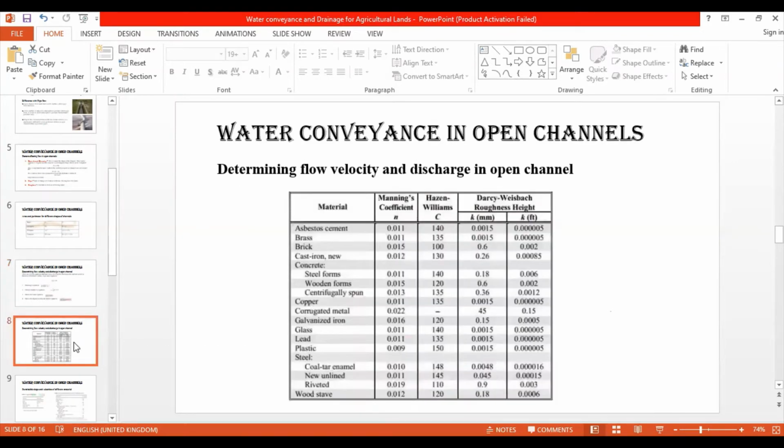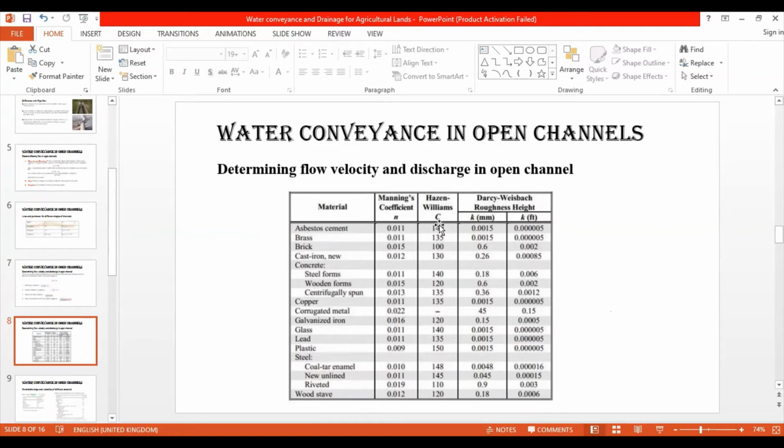This table just shows the different coefficients that I talked about. These are different materials that can be used to line your drains, and it has these coefficients N for different materials.